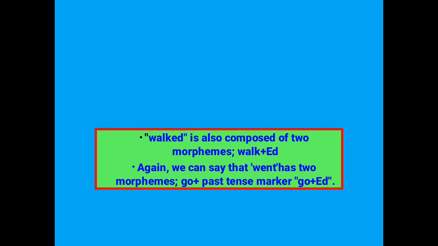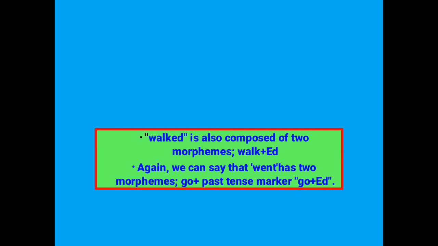Again, we can say that went has two morphemes, go plus the past tense marker. Here someone may ask, so what is the past tense marker of went? In the English language, the past tense marker is the ed.